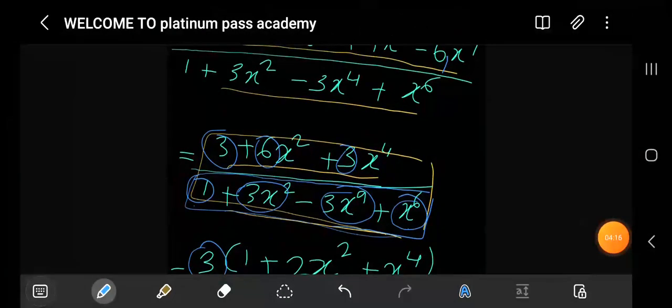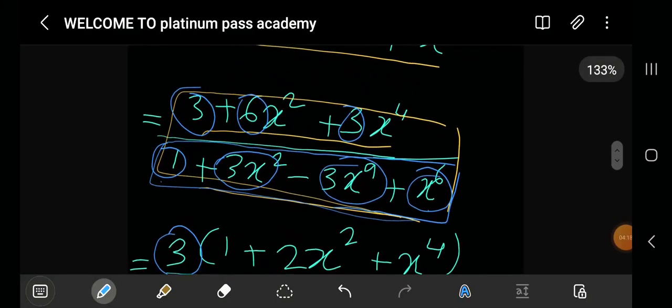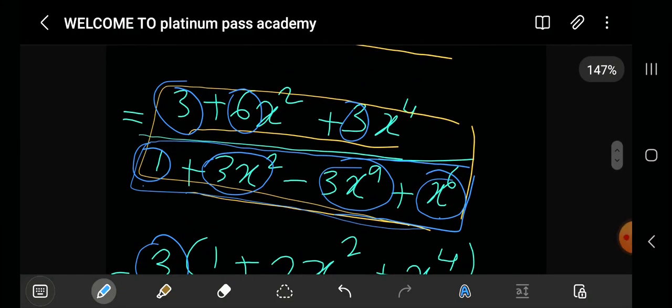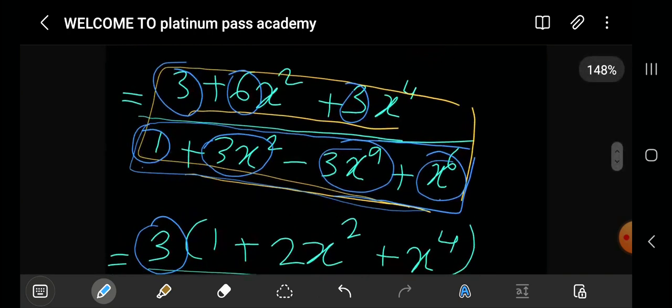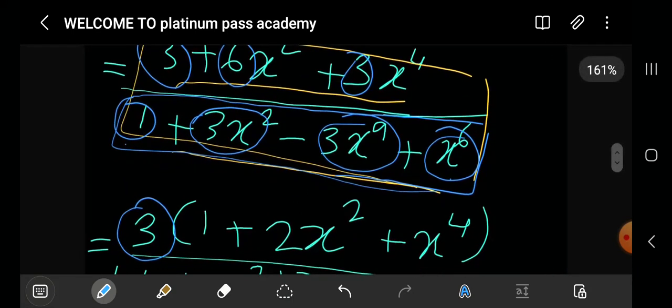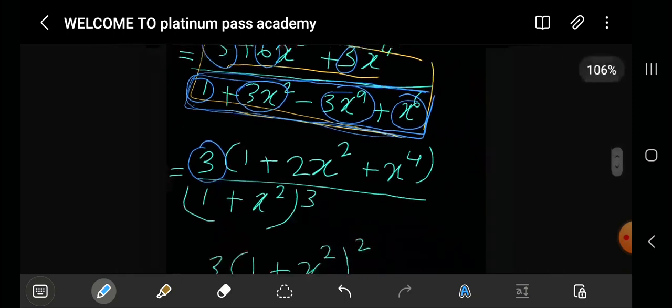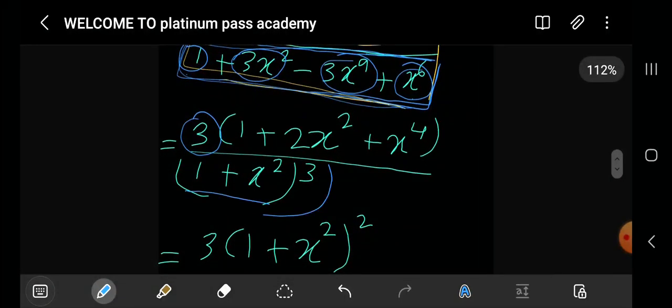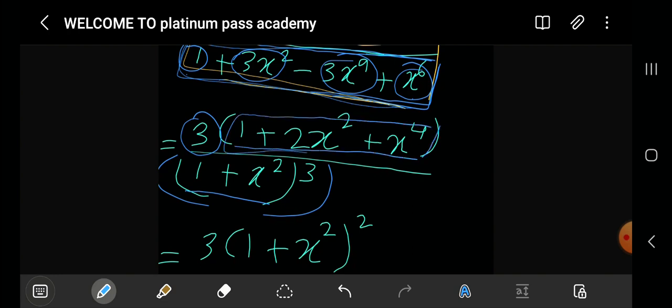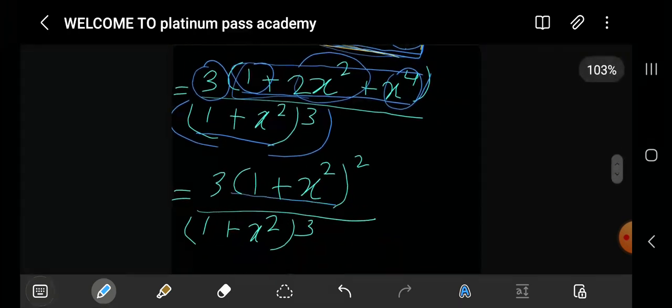You do know the formula of a cube plus b cube, that is a cube plus b cube, thrice a square b minus thrice ab square. So it is a formula of a cube plus b cube. I have simply simplified this to a plus b whole cube. Then this also is termed as a plus b whole square, that is a square minus ab plus b square. So I have simplified this also.